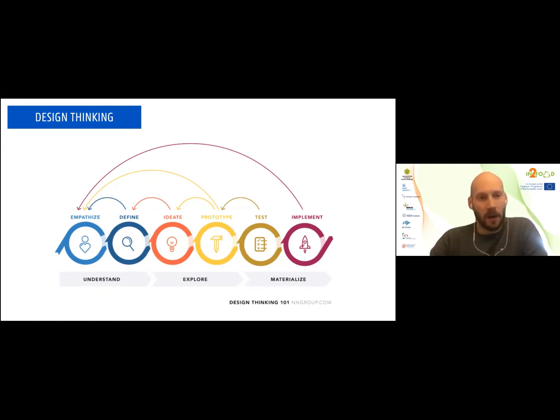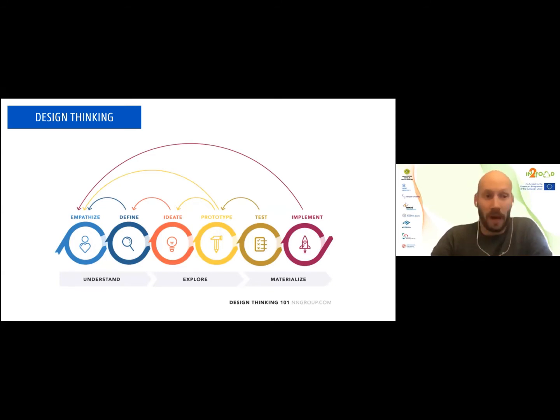So apart from being a way of thinking, it's also giving you a bit of a structure, a bit of a method by going through different phases. So let's look at these phases a bit more in detail. First, you try to understand the problems.